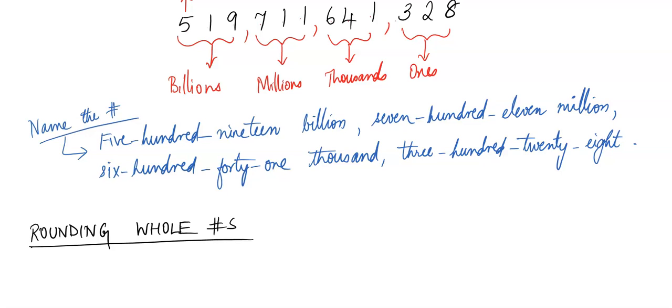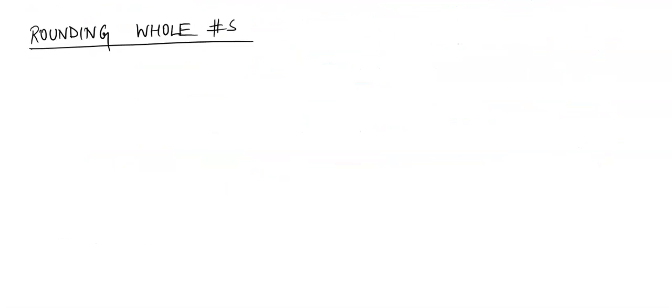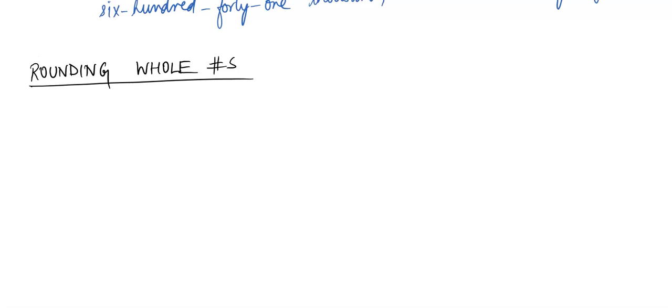But if you want to give somebody a rough idea, say this was a dollar value, and you don't want to give the exact value, you want to say the neighborhood of it, then you can just say it was more than $500 billion, because it was 519 billion, right? So how did I come up with that? You just rounded it in some way. There is actually a rule by which we round. And so we like to round whole numbers.